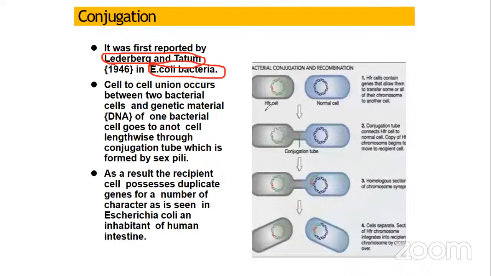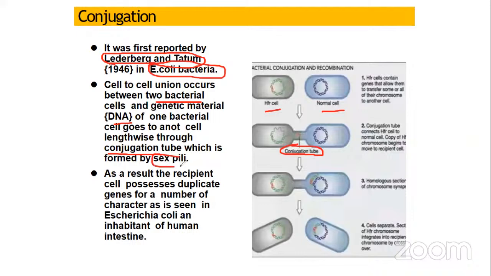So how does the genetic material transfer in this? Here are given two types of cells, HFR cells and normal cells. Cell-to-cell union occurs between the two bacterial cells, and the genetic material or bacterial genome or DNA of one bacterial cell goes to the other cell through the conjugation tube, which is formed by sex pili.